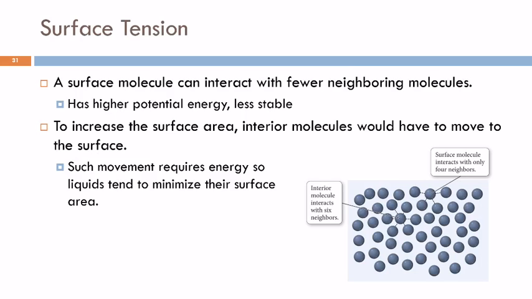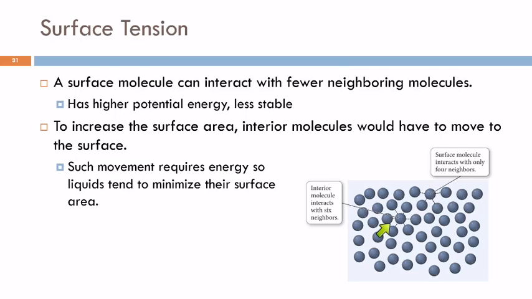So surface tension. When we look at this illustration here of liquid molecules, liquid particles, this is, of course, just a cross-section. But up here at the surface of the liquid, the particles at the surface interact with their neighbors to the side, and they interact with their neighbors below on the interior of the liquid.